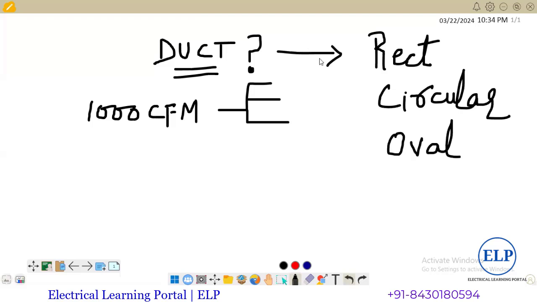Now, the fundamental of duct. See how the duct system works. You have to understand one example.